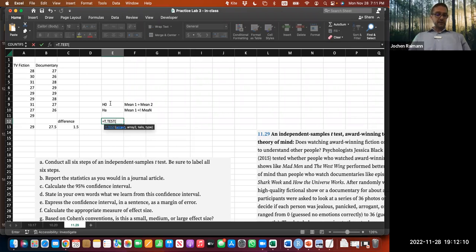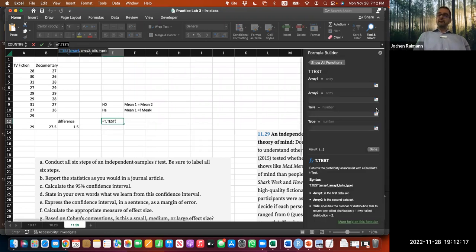Since this is the practice lab class, I think we can resort to using the t-test function, not calculating by hand. So array 1 would be A3 to A11, array 2 would be B3 to B10. We again have 2 tails.